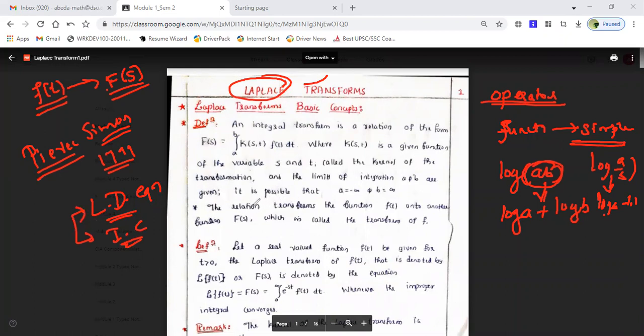The Laplace transform is also used to reduce differential equations to algebraic problems, and it's a really very important tool in solving electrical circuits in ECE, that is electronics and communication. To solve electrical circuit and system problems, they widely use Laplace transforms.